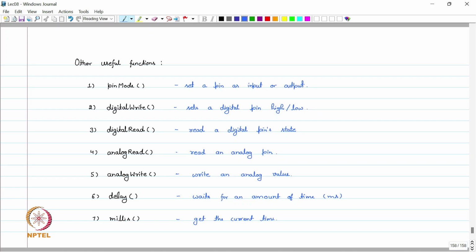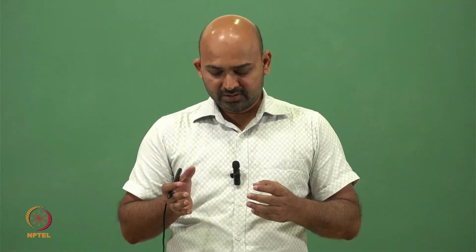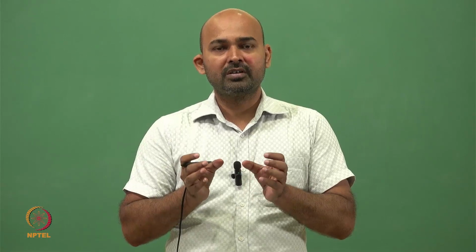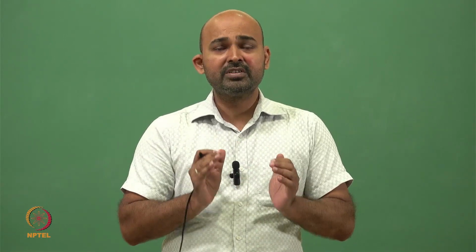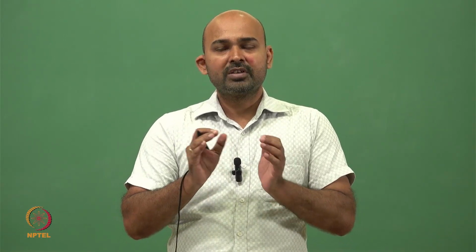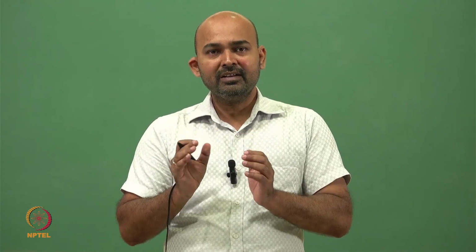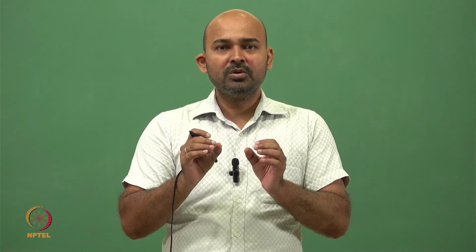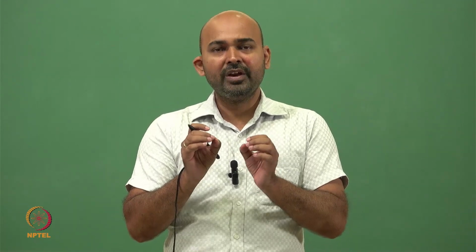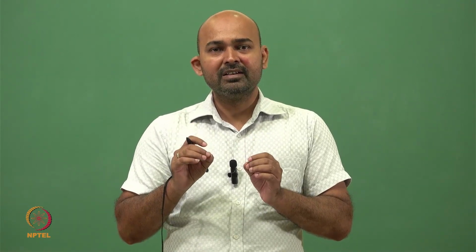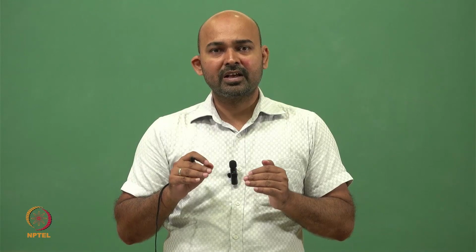Delay, as we just discussed in the last slide, is a function which makes the program wait for as many milliseconds as we specify in the brackets. For example, if we specify delay 10, the program is going to halt or wait for 10 milliseconds before going to the next line.